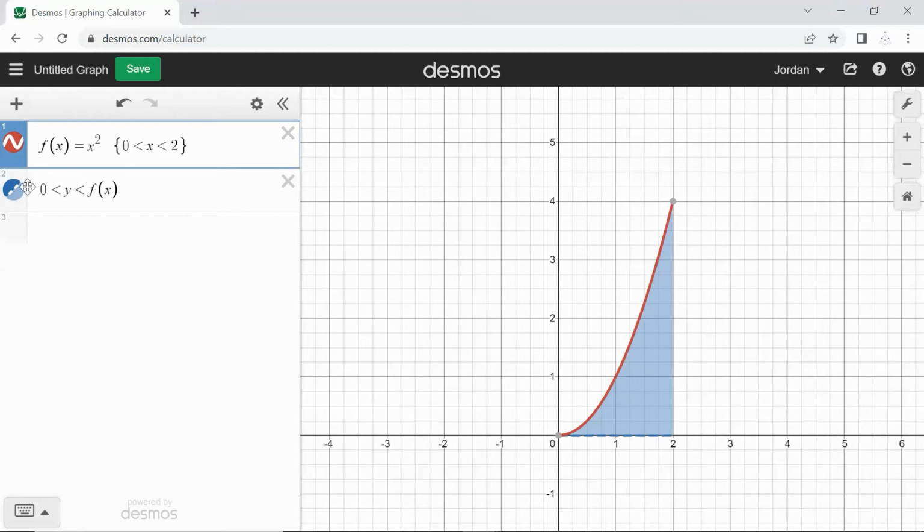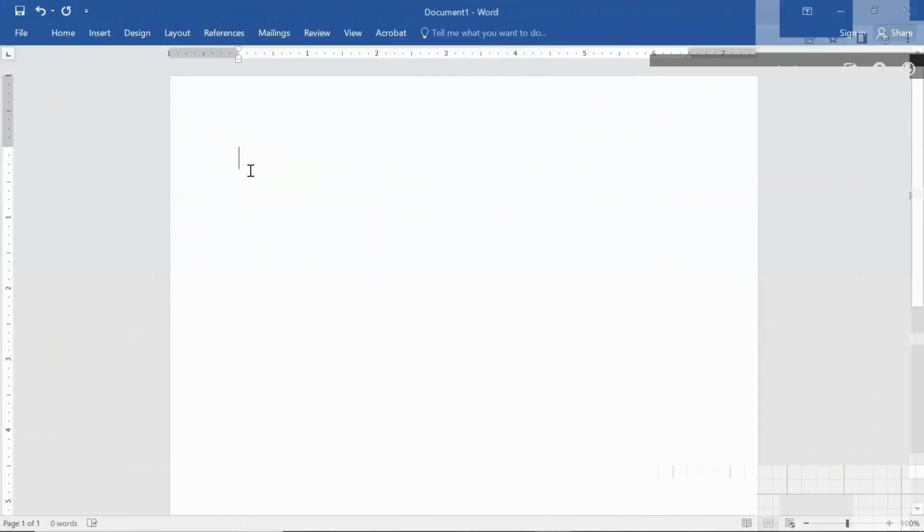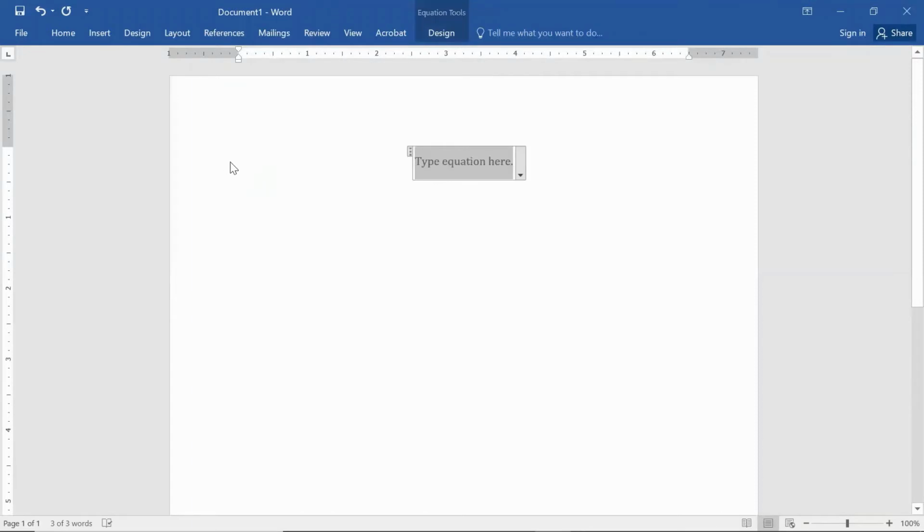Let me do that in this case. If we would have taken the average value formula of x squared from 0 to 2, we would calculate it. Let's go ahead and calculate it.